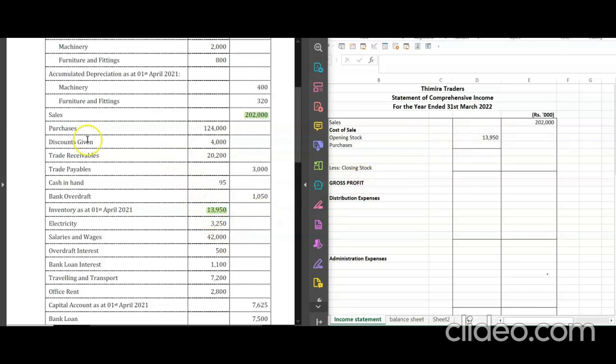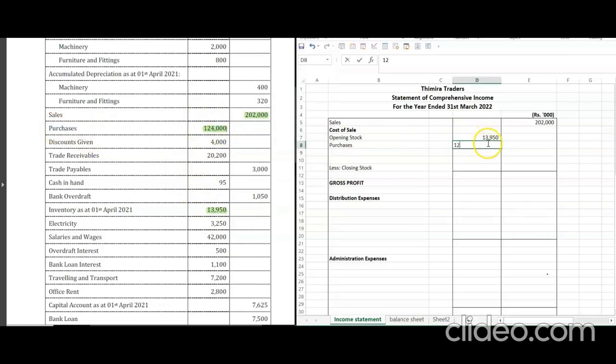Now you have to take the purchases. How much are the purchases? You can see purchases 124,000. So it's 124,000. Right. Then now you get the total of that. What is the total? Total of this plus total of this, you get 137,950.